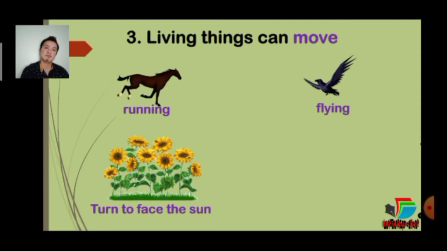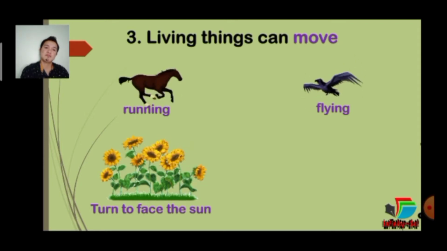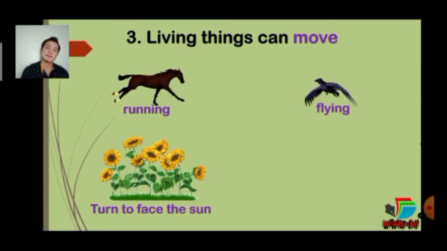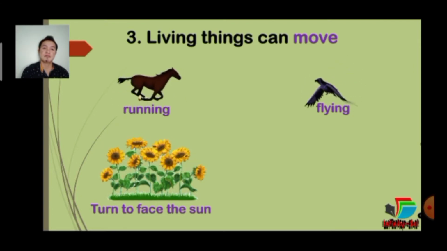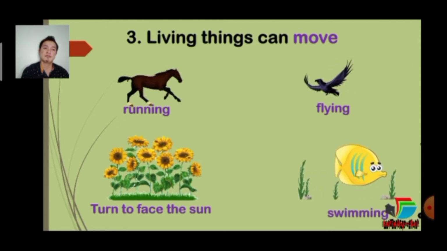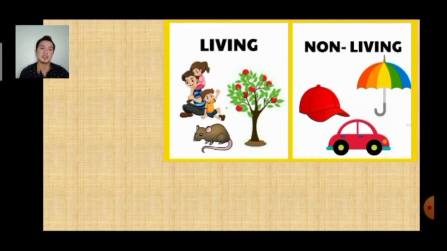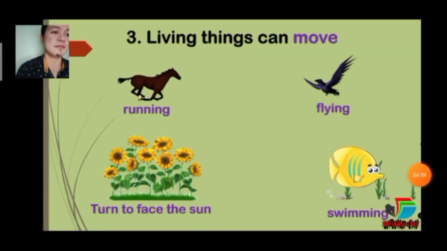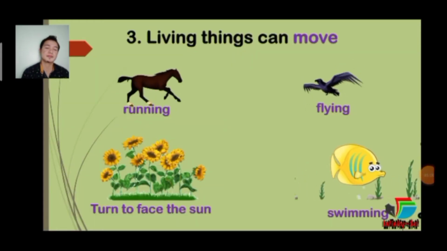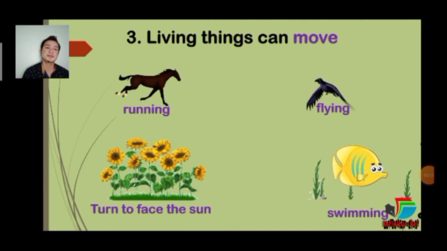These are sunflowers. When the sun is moving, they will move slowly and face the sun. And we have fish, which move by swimming.